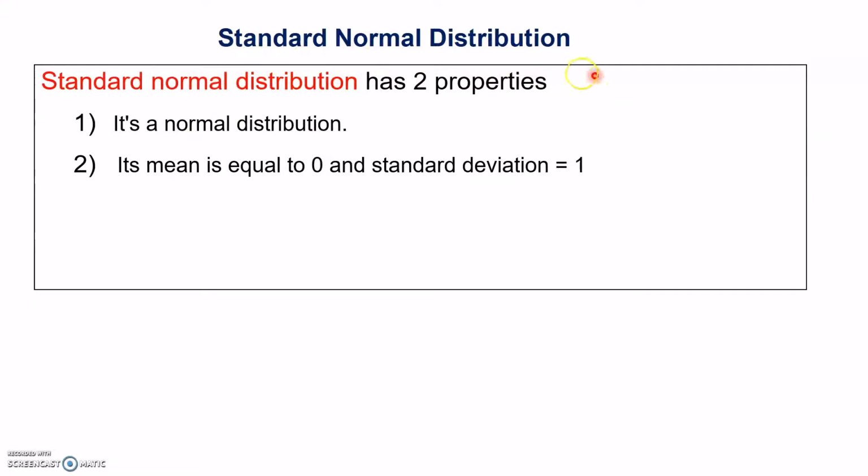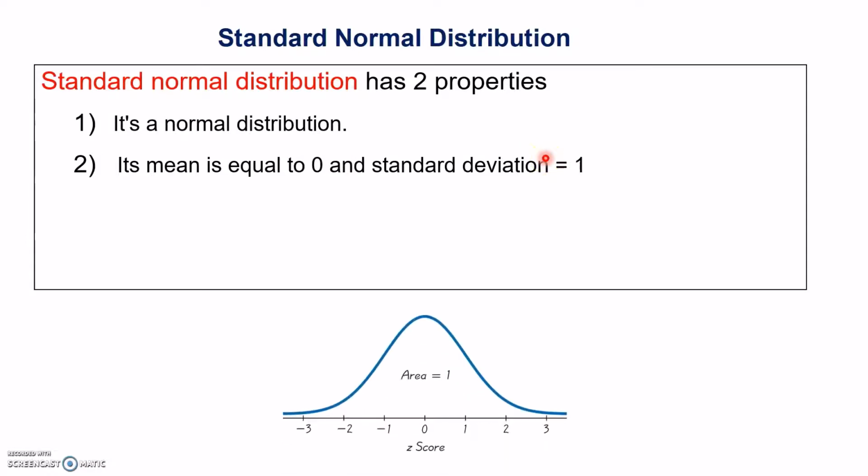So remember, every standard normal distribution is a normal distribution, but not all normal distributions are standard normal distributions. Look at that. We have a mean of 0 and a standard deviation of 1, with one tick mark on each side, right?